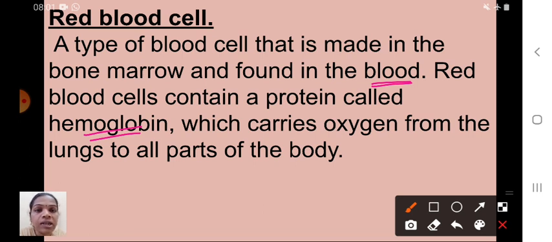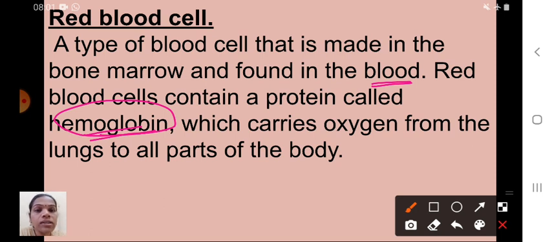Okay, children, that means it will absorb that oxygen. So if that hemoglobin level is low, that affects the oxygen absorbing level. Understood now? That it carries oxygen. See here, children, red blood cells contain a protein called hemoglobin. That's why the red blood cells and the blood are red in color, because of this hemoglobin. Understood, children? It is a red color.